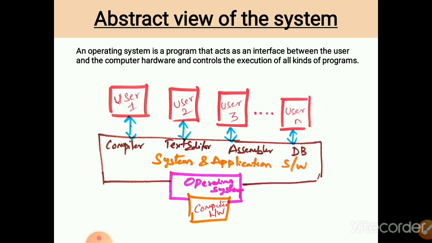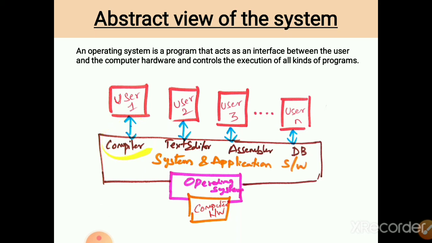Next we'll see the structure of the operating system. I'll explain the structure of an operating system, that is, the abstract view of the system. Here I'm taking user 1, user 2, user 3, who may be people, computers or other machines.